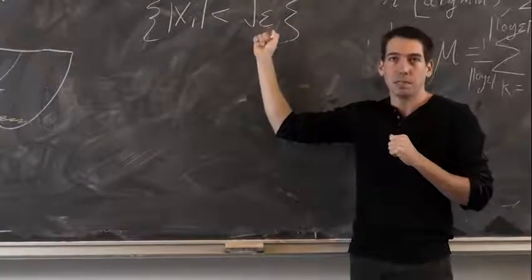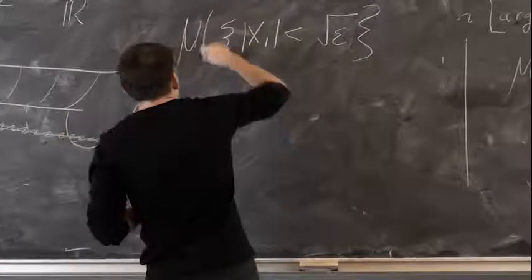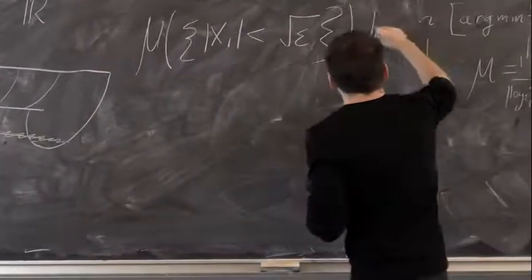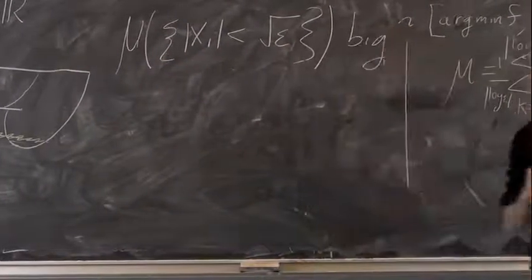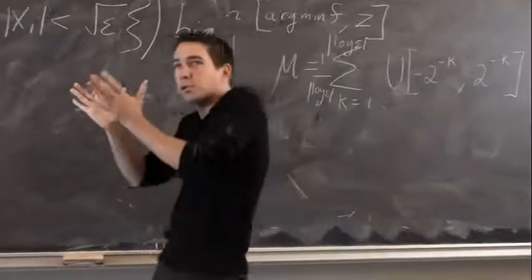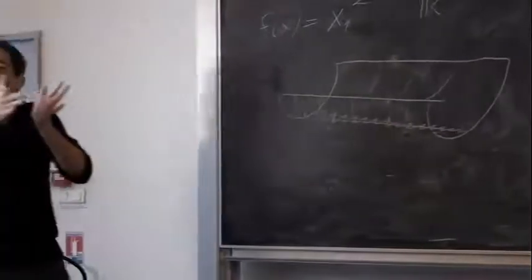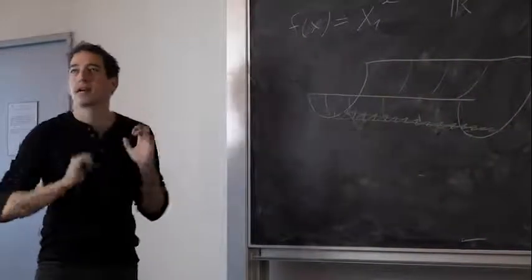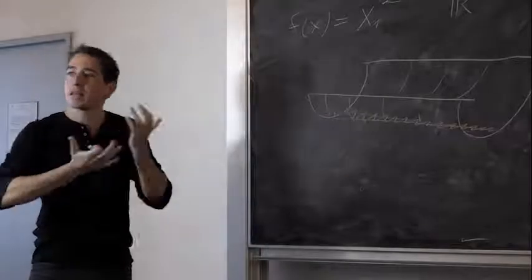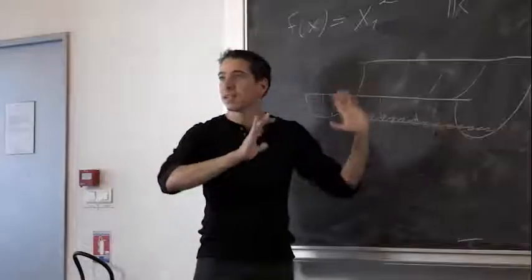It's a function of epsilon. So we need to have that mu of this thing is big. So here we have a multi-scale thing, but this already suggests that we have to also pick the directions wisely. Okay, something maybe according to the Hessian of f at 0, or something like that, I guess.